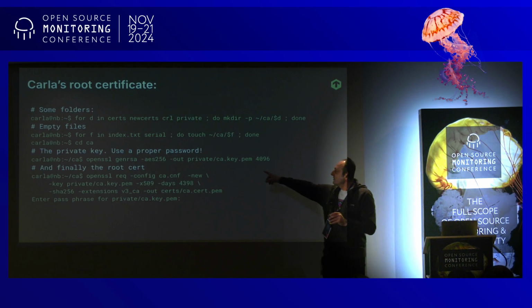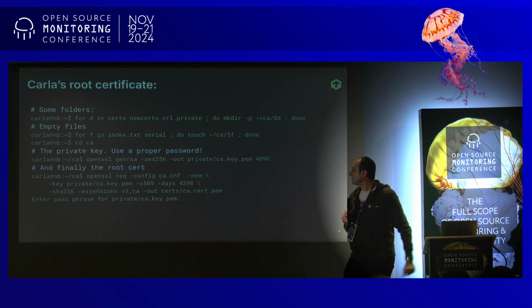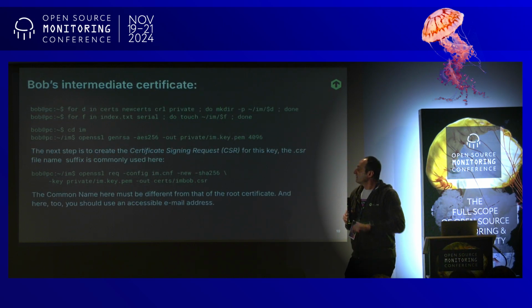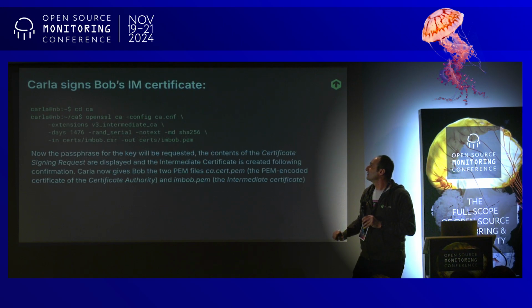The most important thing is the private key, and finally we create a root certificate here with a lifetime of, I think that's 16 years or the like. You can do the math yourself. Store it away. In the next step, we create Bob's intermediate certificate. It's basically the same way. Here, first the key, and in the next step, the certificate signing request.